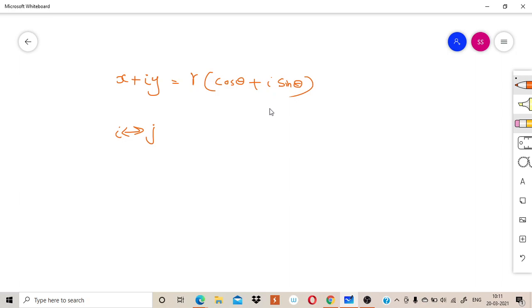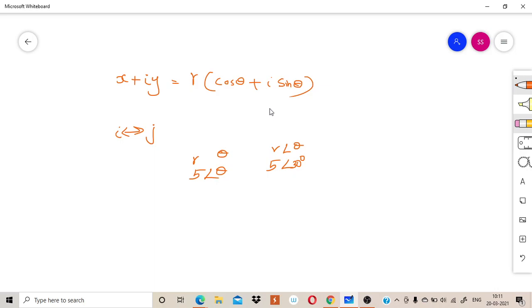Then we will have an example in which we convert the polar form into rectangular form. For example, I have the polar form 5 angle theta, so this is r, and this is the theta angle. For example, 5 angle 30 degree.